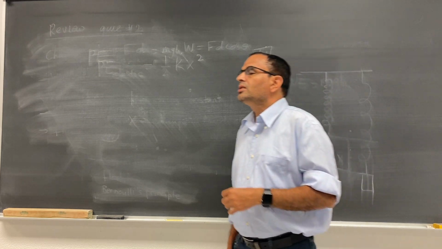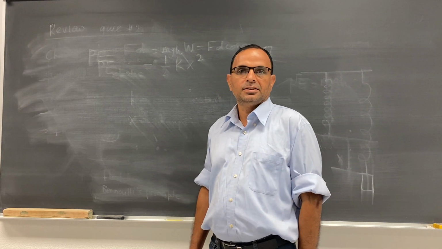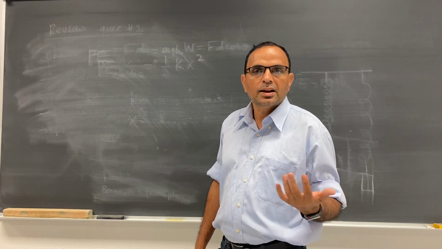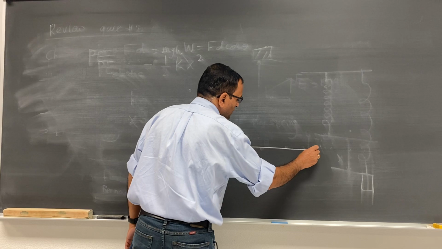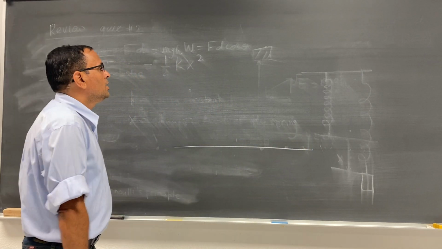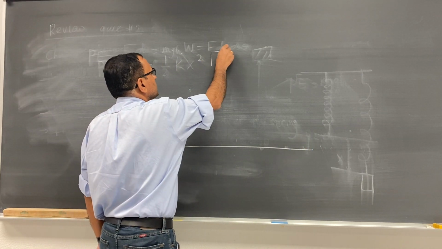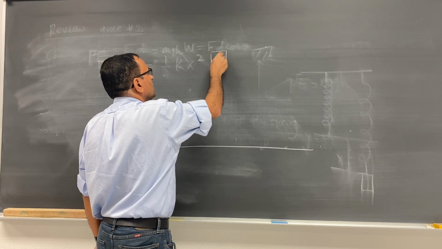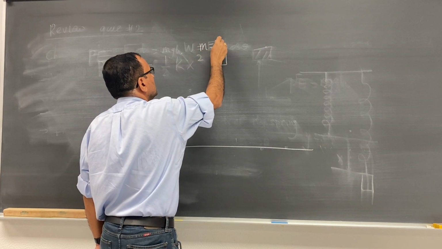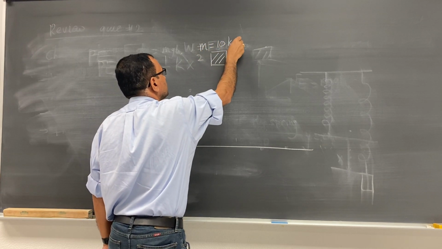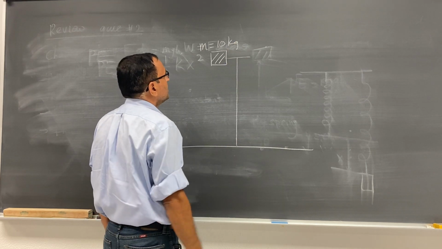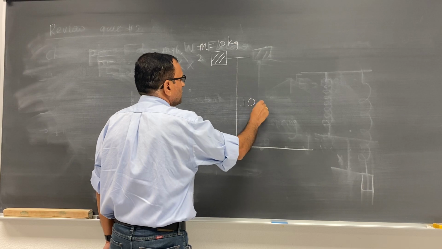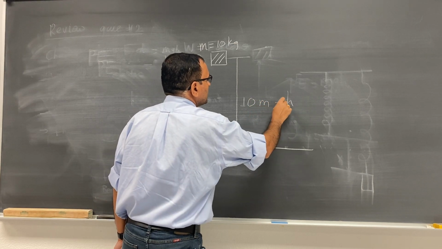But there is another one, conservation of mechanical energy. Let us suppose this is the ground, and you have an object here with a mass m equal to, let's say, 10 kg, at a height of 10 meters.